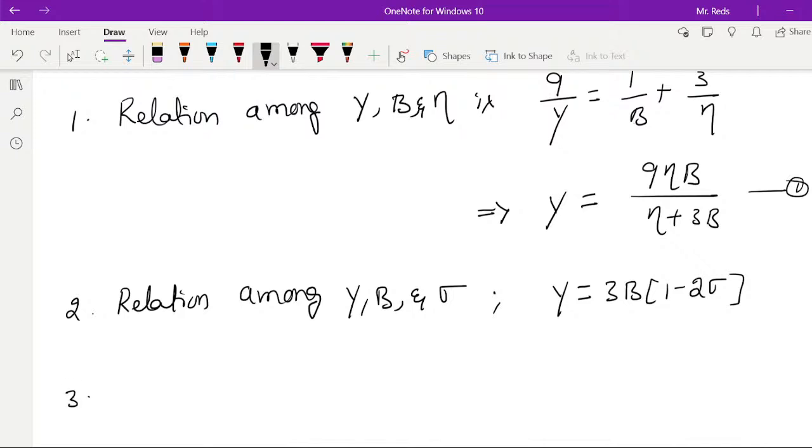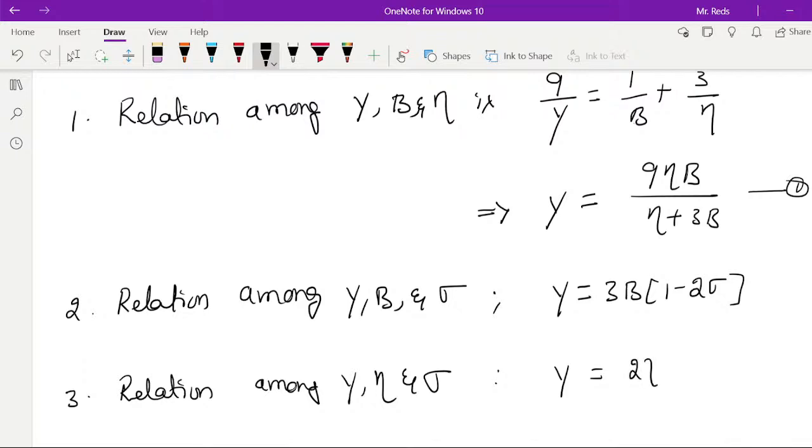Whereas the third one, instead of Y, B and sigma, if you consider Y, eta and sigma, the relation among Y, eta and sigma is Y equals 2 eta into 1 plus sigma.